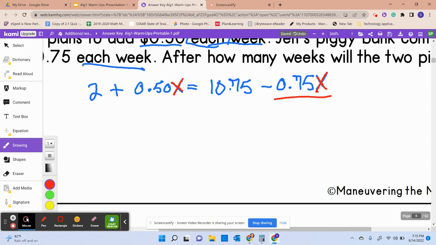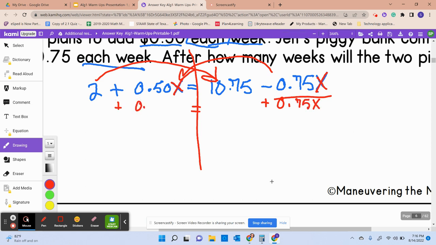So I would like to move this to the other side, which matches there. And then we will move this over here with that. Remember, if you are moving it to the opposite side of this equal sign to get it to move over there, you have to use the opposite sign. So plus 0.75x and plus 0.75x.